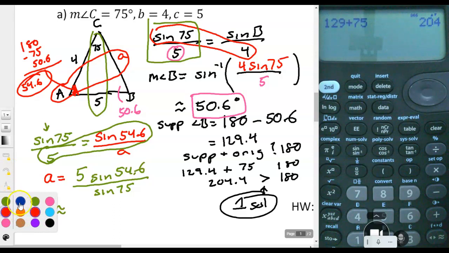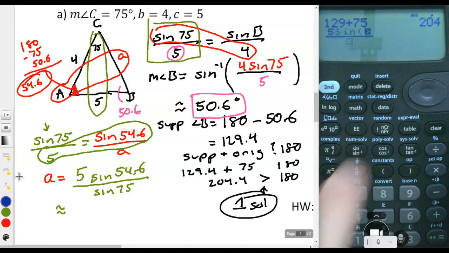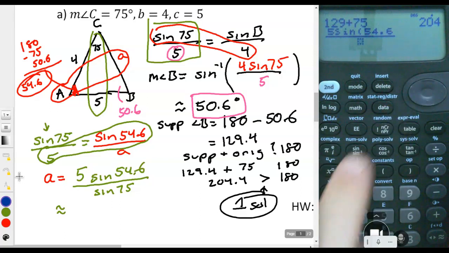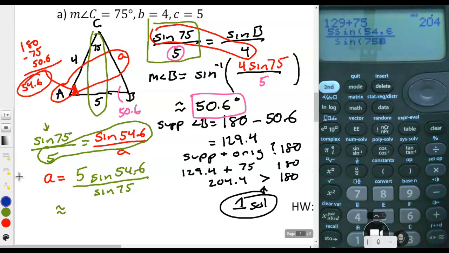All right, finish that up. So we have the fraction 5 sine 54.6 divided by sine of 75. I got 4.2. So sines, sines, everywhere sines.